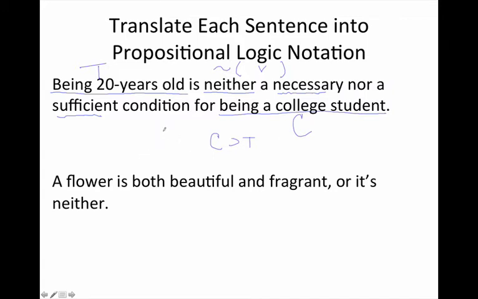So we have, I'm going to put it over to the left because I realize that I've kind of run out of room here. Being 20 years old is a sufficient condition for being a college student. Now these I put in parentheses. Okay, so now we're ready to reject that this is the case.